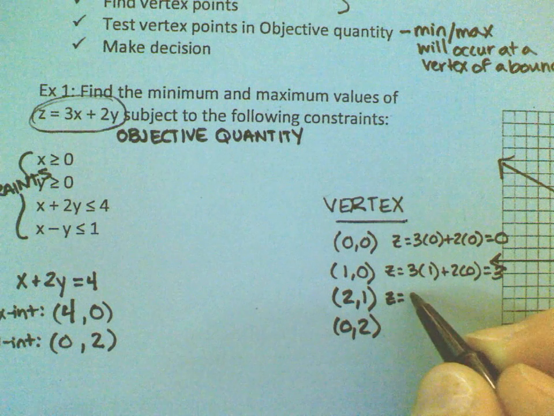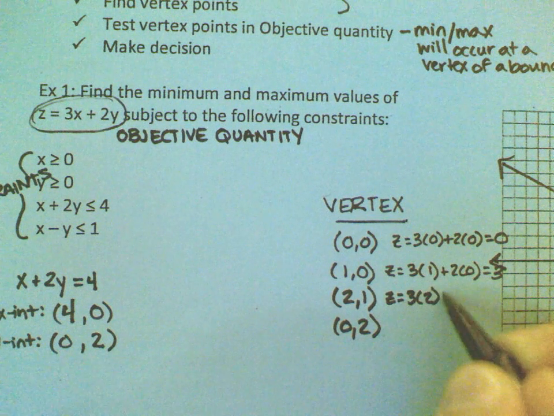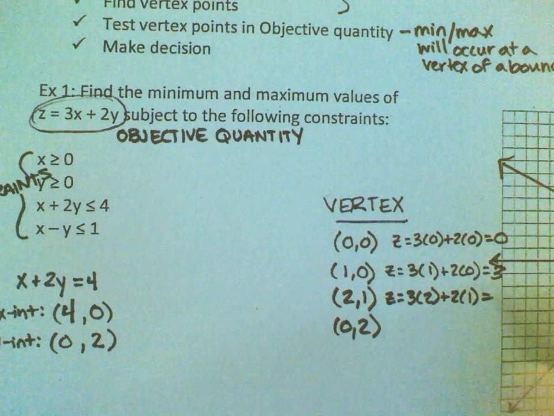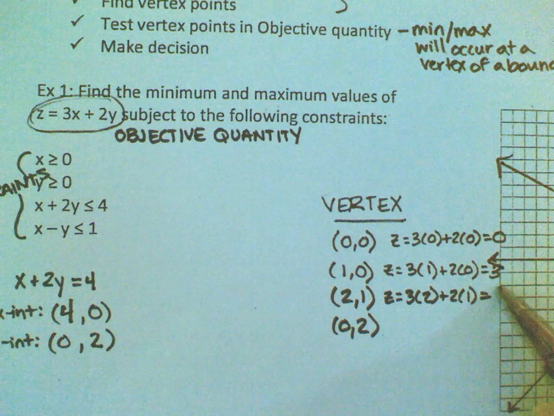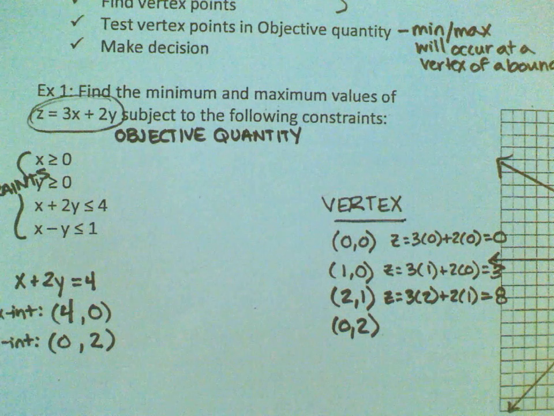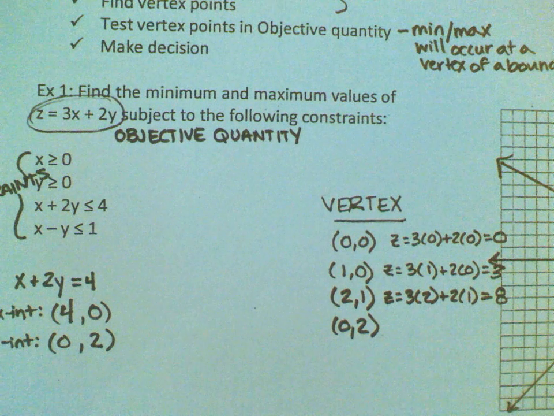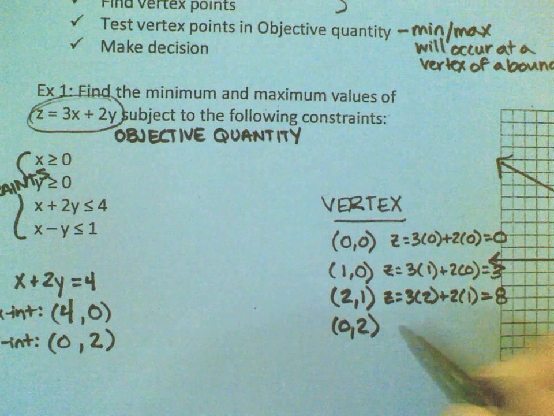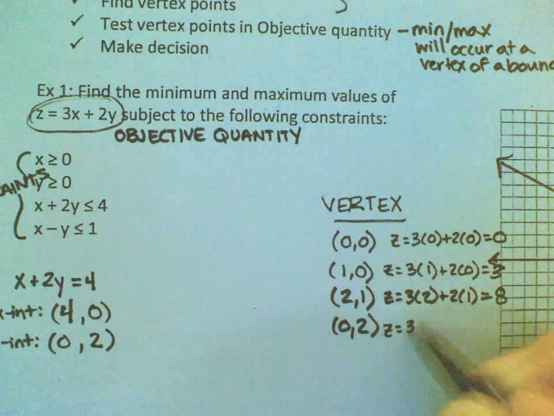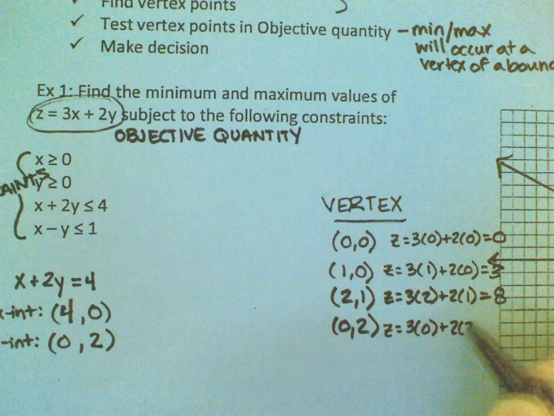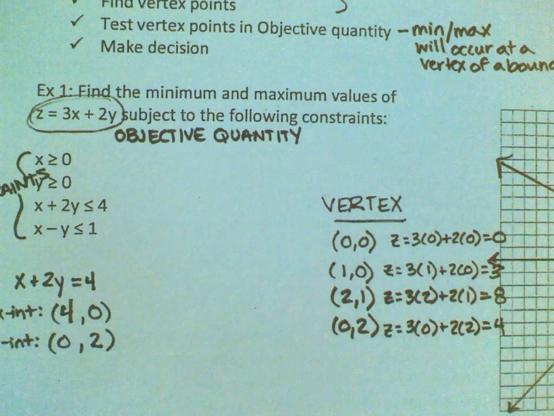z equals 3 times 2 plus 2 times 1. That's 6 plus 2, which is 8. So now I have a maximum of 8 and a minimum of 0. And the last one, z equals 3 times 0 plus 2 times 2, that's 4.